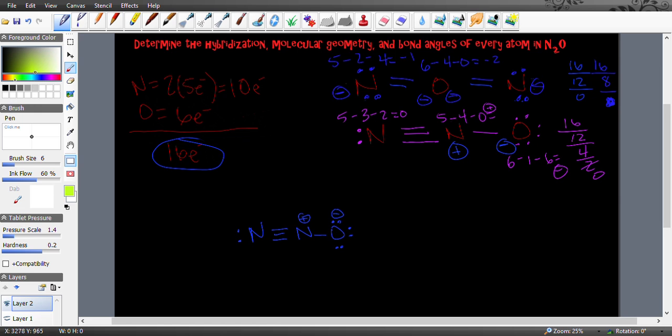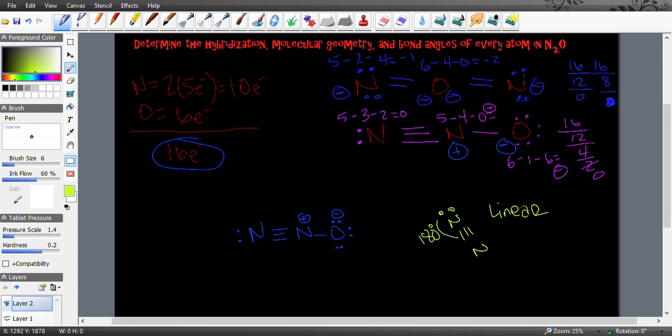So now we want to determine the hybridization. So if we have a triple bond, we have one, let's start here. Lone pair in triple bond. And so we have our atom surrounded by 2 electron groups, so that's actually going to be linear, and the angle, of course, 180 degrees.